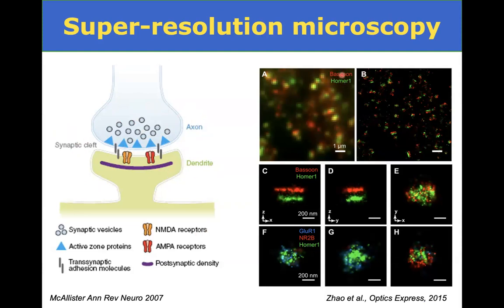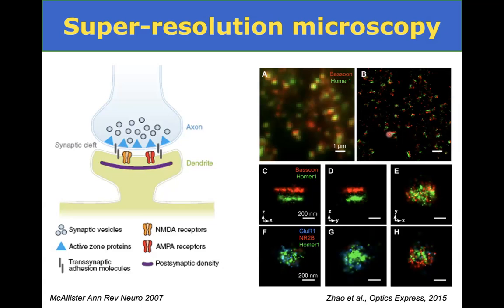So here's an example where you have bassoon and Homer, two types of pre and postsynaptic proteins. In confocal microscopy, this is why they appear yellow, because of the resolution.